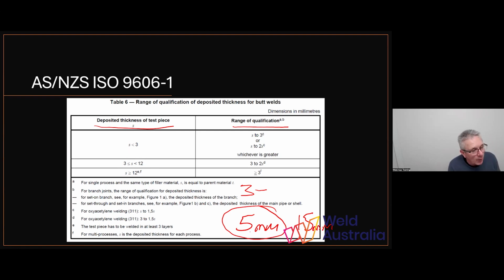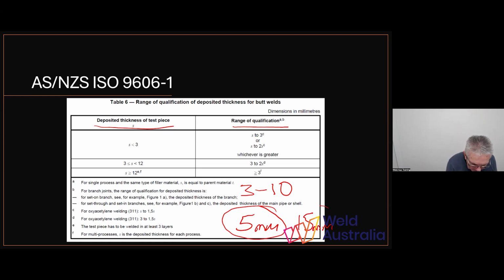In my case it was 5, which now becomes 10 millimeters. Yes. That's his range of qualification now on his document. When we start to look at the other one, which is now 15 mil, remember it also goes further on down the track when we look at the other tables in reference to single-sided, multi-layer material backing and so forth.